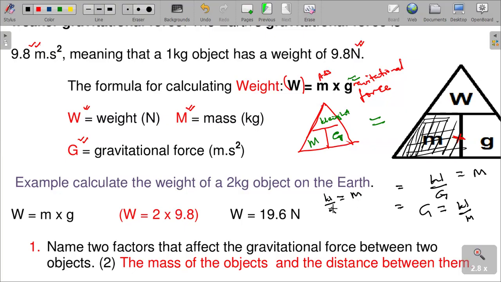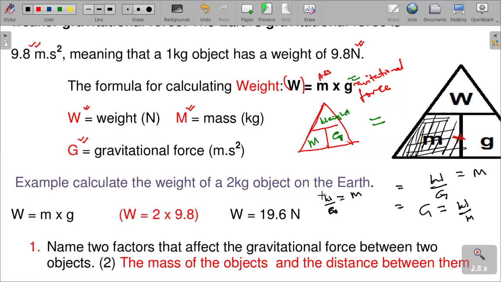So if we want to make G the subject of the formula, we multiply by G on both sides.